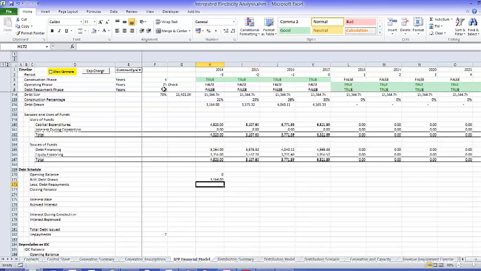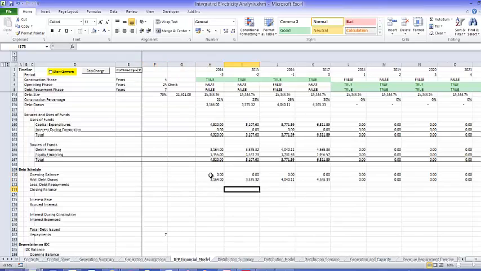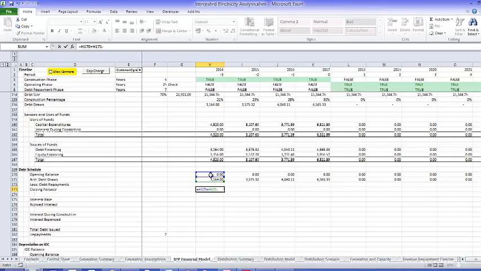Why don't we copy this across? I think that'll be useful. And, okay, and then our closing balance is the opening balance plus the draws minus the repayments.